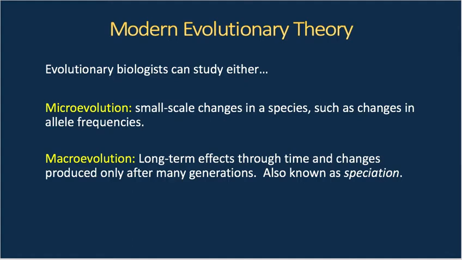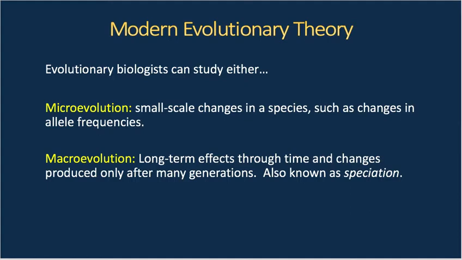So as it says here, evolutionary biologists can study either microevolution or macroevolution. Microevolution is basically studying the small-scale changes in a species, such as the changes in allele frequencies. Geneticists do a lot of this type of work, and this is not something that we're going to spend a lot of time talking about. Macroevolution, on the other hand, is long-term effects through time and changes produced only after many generations.